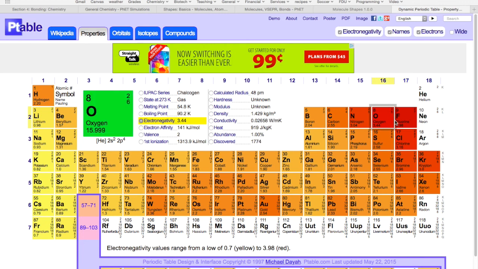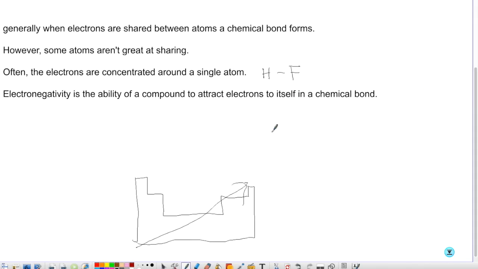And this was sort of an arbitrary scale that was set out, and fluorine has a value of about 4. Okay, so it is the most electronegative. So the thing that you have to keep in mind is this sort of general increase up and to the right, and the 4 most electronegative atoms are, in order, fluorine, which is the most, oxygen, which is the next most, chlorine, and then nitrogen. Okay, and we'll use that next chapter.